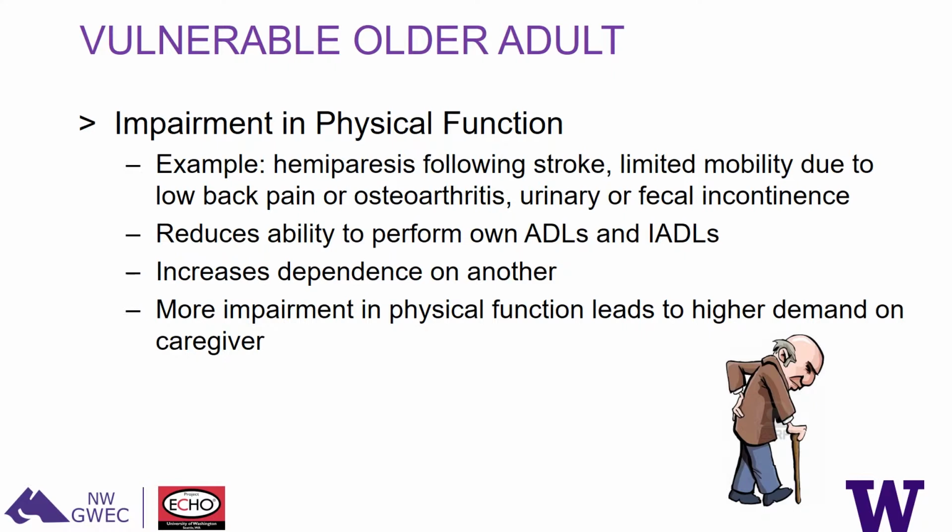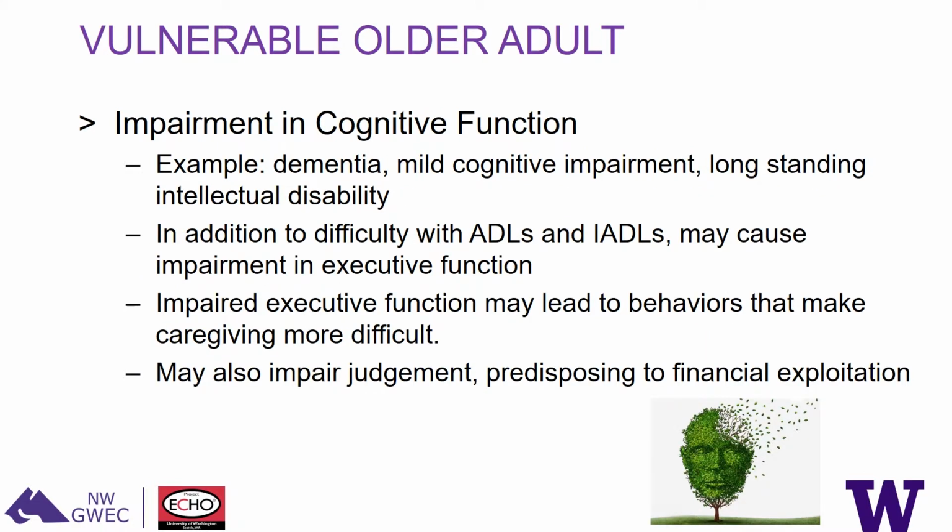And really, it's this dependence that places people at risk for experiencing abuse, neglect, and exploitation. And more impairment in physical function leads to higher demand on the caregiver and increasing stress in that caregiver-older adult relationship.